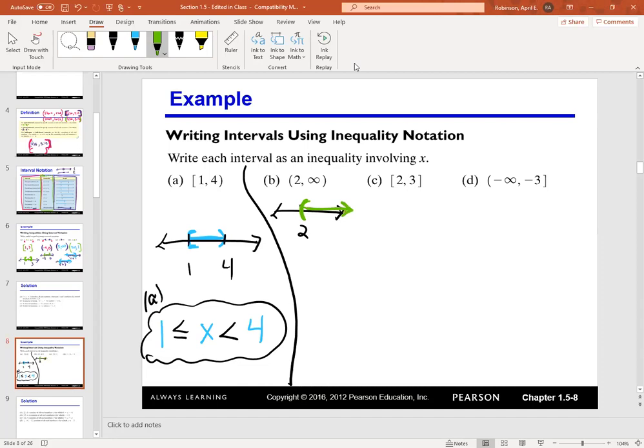And so when I see this, I see x is just greater than the 2. It starts at 2 and it goes to infinity, so x can be anything greater than 2.